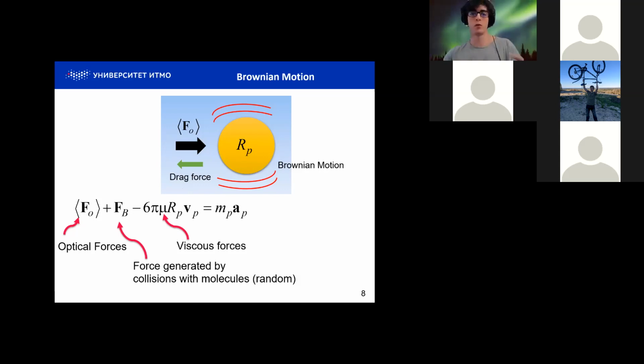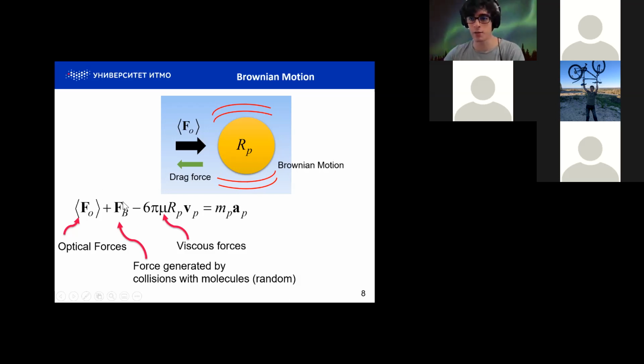So when it moves, there is a drag force that is dragging the particles around. And then, since your system is very small in scale, your particles can also feel the collisions of atoms of the fluid. And this leads to some kind of random force that we call Brownian force.